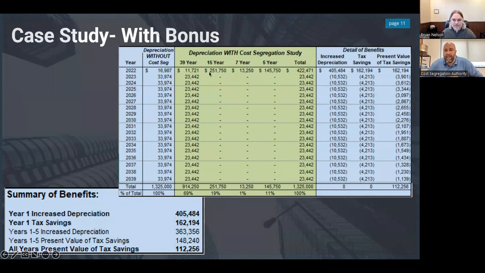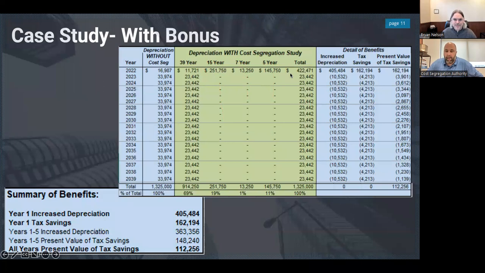Now, if this same property was placed in service in 2023 and we only got 80% bonus, you would get 80% of these numbers in the first year. The other 20% plays out over the next 4 years, 6 years, and 14 years. So you're still getting a huge bump in year 1, 80%, but you're not getting 100% as you did back in 2022.